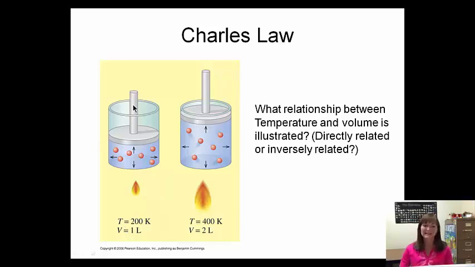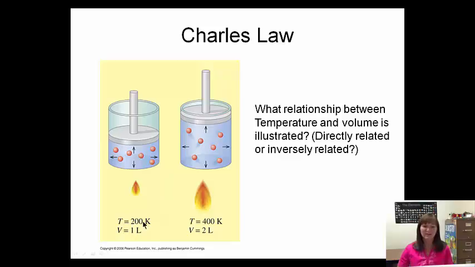Since the piston is free to move, that implies that it's going to be at whatever the atmospheric pressure is. So if we pretend we're at sea level and the atmospheric pressure pressing down on this piston is 1 atm, it's also going to be 1 atm here. So the pressure and the amount of particles we have is staying constant.